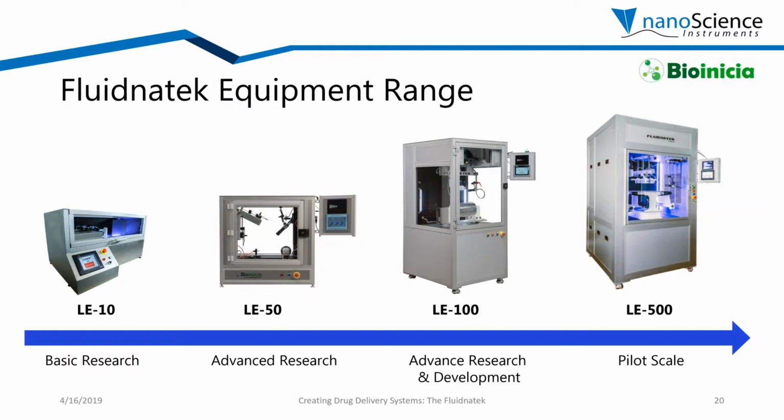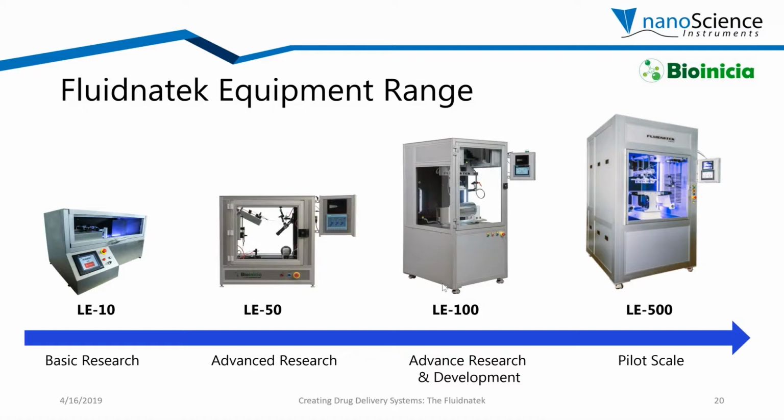We also have the LE50, another benchtop unit for more advanced research by offering an airtight and thermally insulated chamber. So the LE50, LE100, and the LE500 all can be implemented with an environmental control unit, which I'll be talking more about in a few slides. So when I'm saying environmental control unit, we can control temperature and relative humidity during the spinning process.